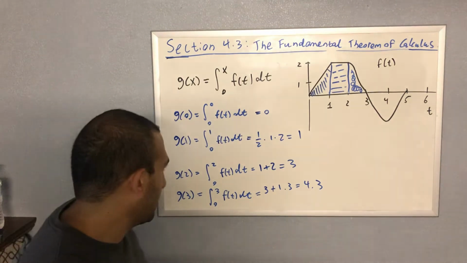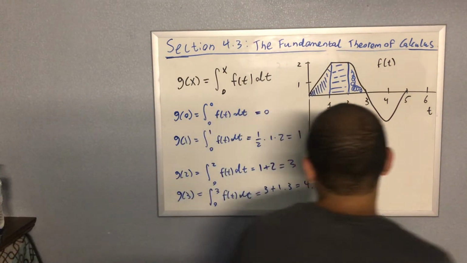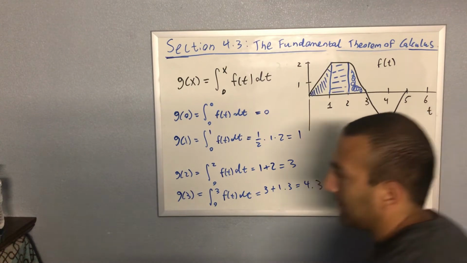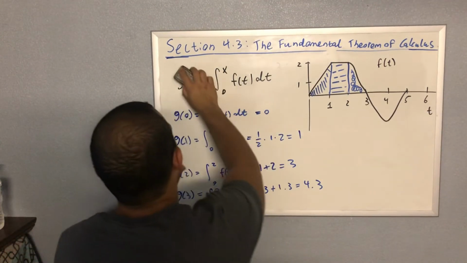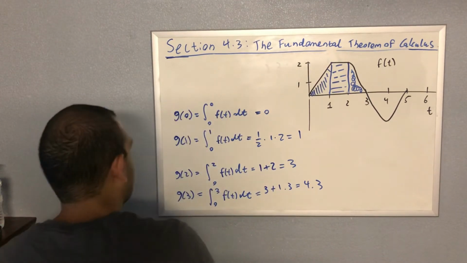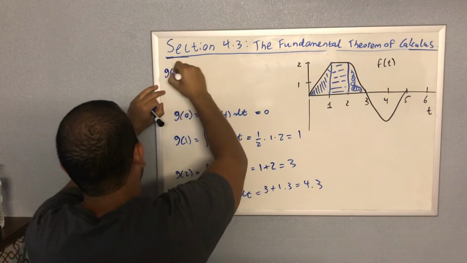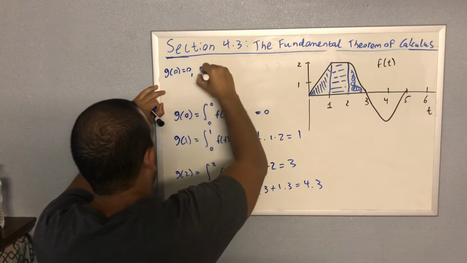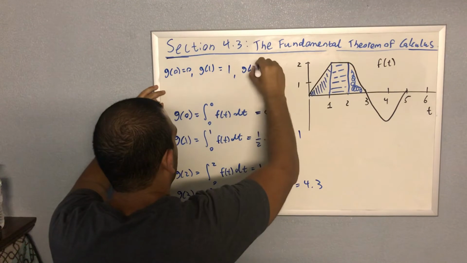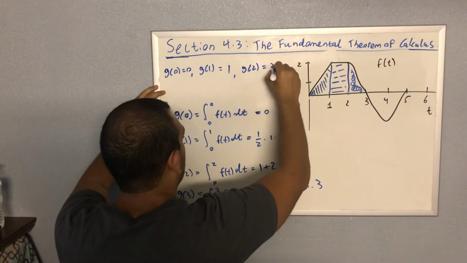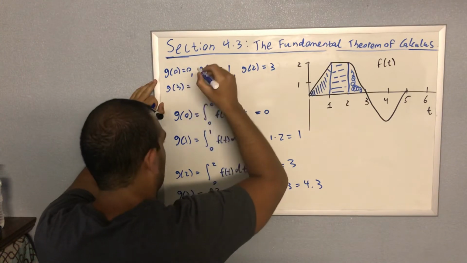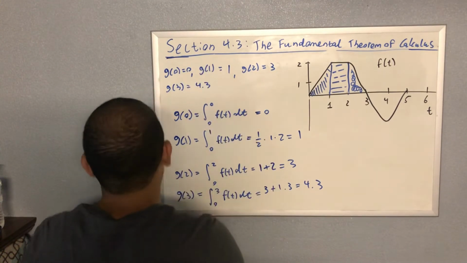Okay, not too bad. Let me collect these pieces of information so I free up some board space. So g of 0 was 0, g of 1 was 1, g of 2 is 3, and g of 3 is 4.3. Okay?